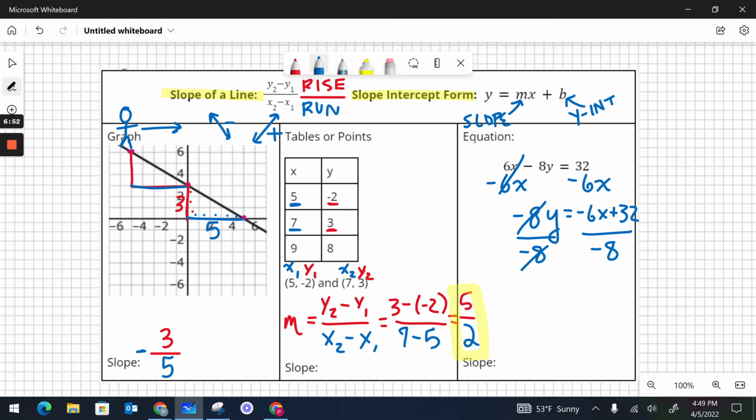And I'm just left with y on the left is equal to negative 6x divided by negative 8. The negatives will cancel out, and I'm just left with 6/8 x, or 6/8 times x. Positive 32 divided by negative 8 is negative 4.